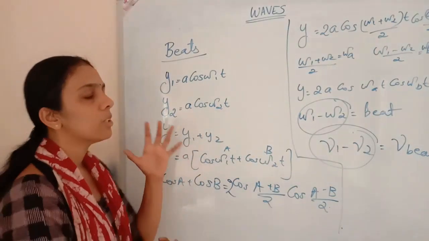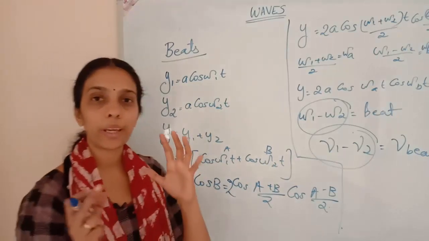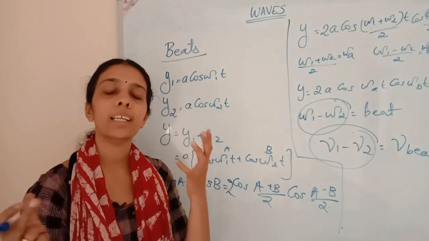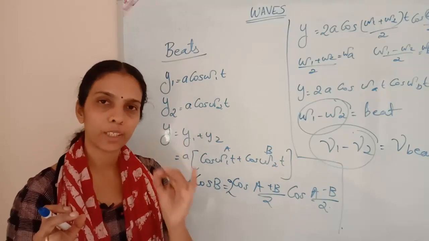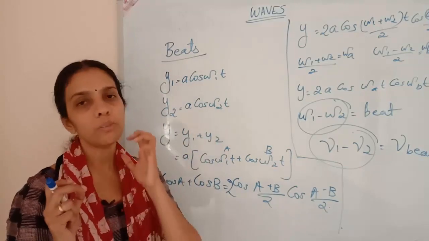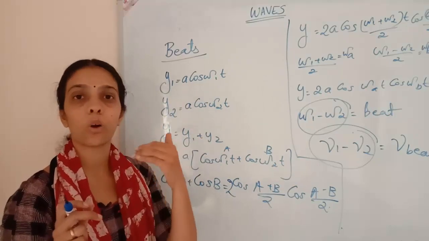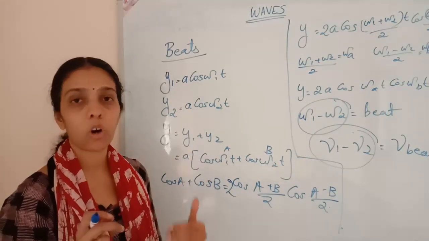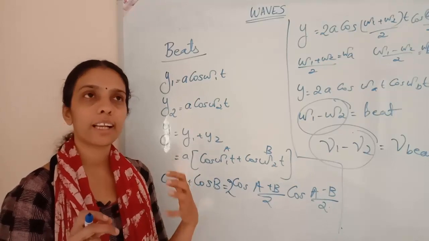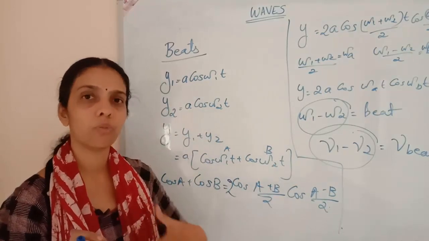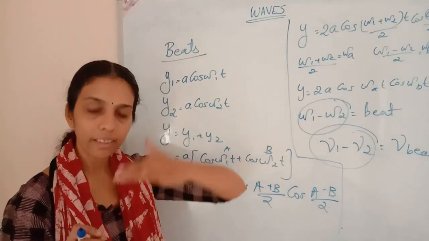So understood, beats means when two waves having nearly equal amplitude and frequency superpose each other, we get a beat, an extra frequency, called the beat frequency or beat. Beat means the regular waxing and waning of sound, increasing and decreasing.